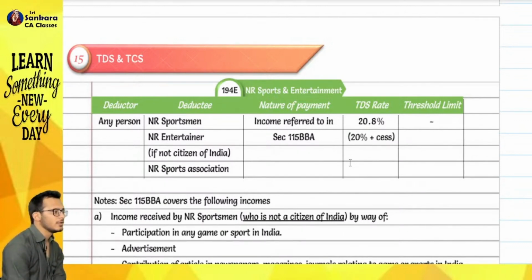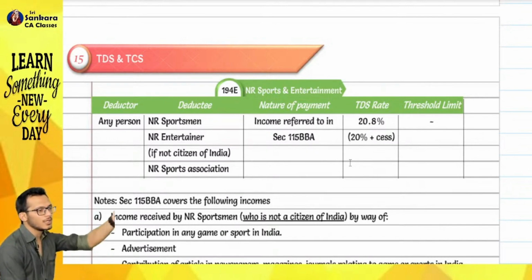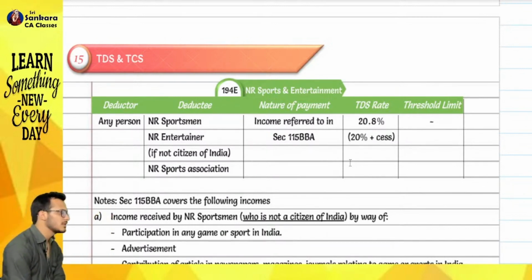Individual HUF cases not crossing the limits. If you do not cross the limits, you will not be liable under 194I, you will come under 194IB. Provisions say if you are an individual HUF not crossing the limits, if you make a payment of more than 50,000 per month to someone, TDS will be at the rate of 5%.